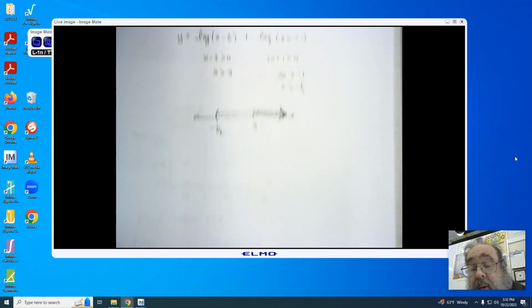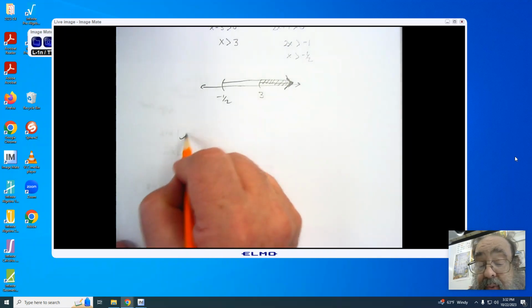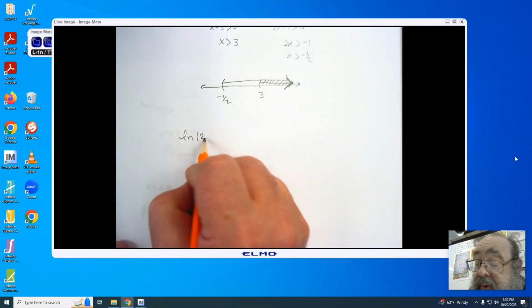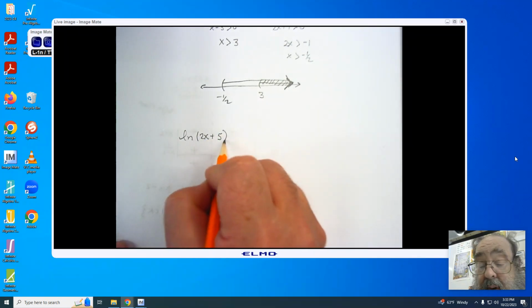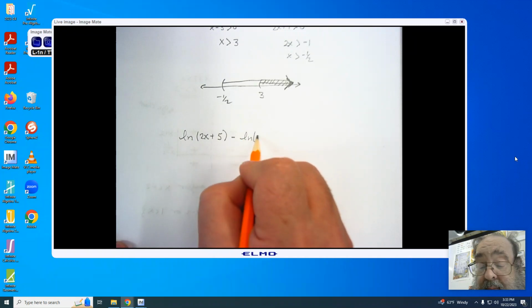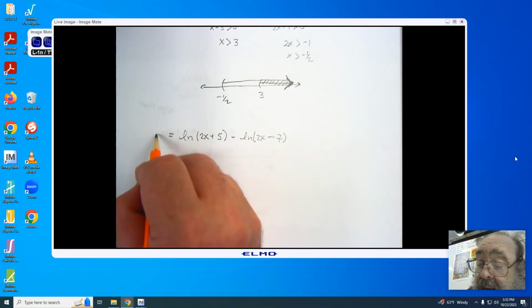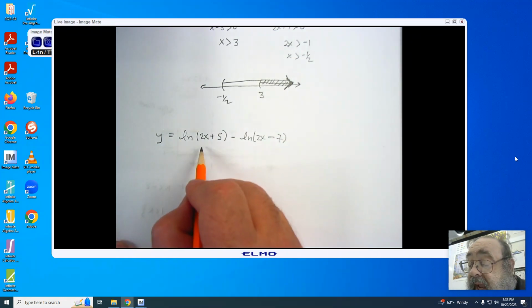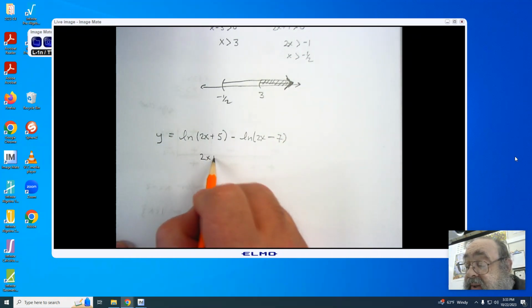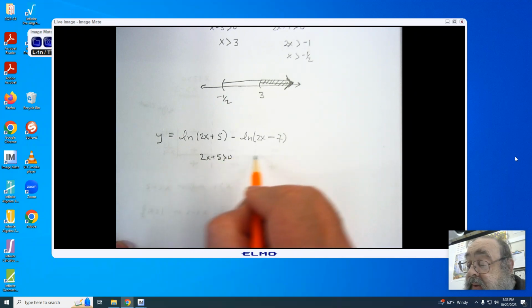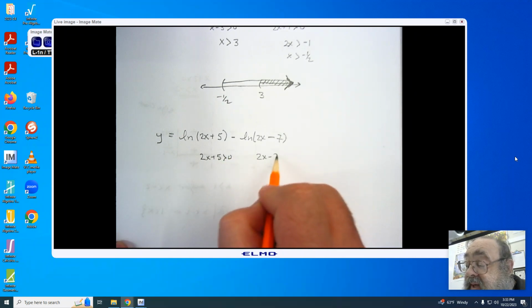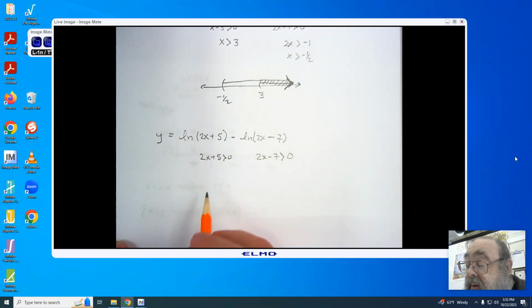Let's take a look at another one. The natural log this time of 2x plus 5 minus the natural log of 2x minus 7. And I have a y. Once again, the inside piece, 2x plus 5, has to be greater than 0, and 2x minus 7 has to be greater than 0.